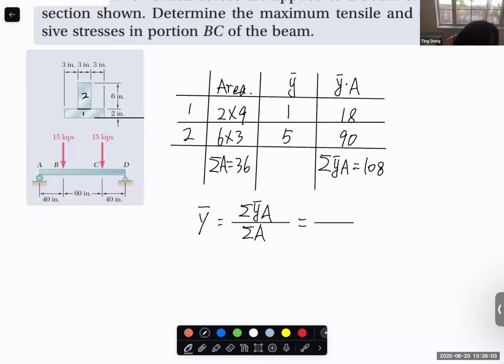So it's 108 over 36, equal to 3. So we find the centroid in the y direction, and of course, we find the neutral surface of the entire cross section.